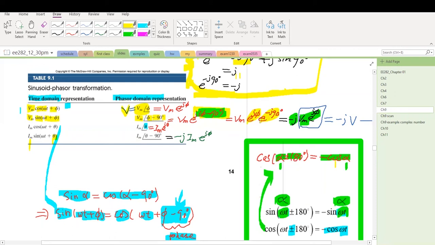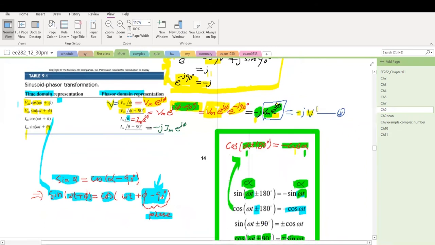And e to the power minus j 90 degrees equals minus j. So the term left is Vm e to the power j phi. What is that? That's the phasor for Vm cosine omega t plus phi. So that equals minus j of big V. I refer to this as equation one.